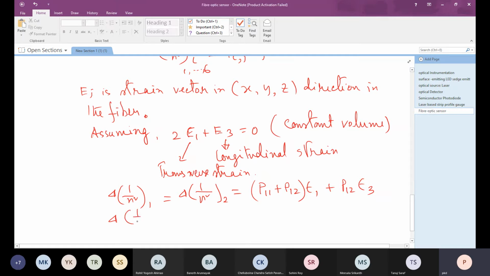Delta 1 by n square 3 is 2 P12 epsilon 1 plus P11 epsilon 3.